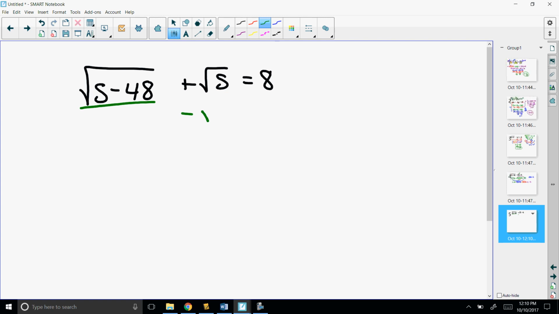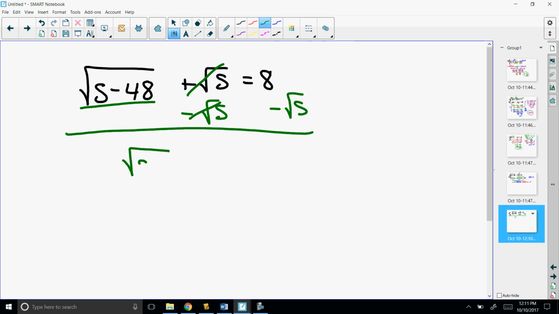I subtract the square root of s from both sides. When you do that, the left-hand side becomes the square root of s minus 48. What happens on the right-hand side? 8 minus radical s. We can't group those two terms together.